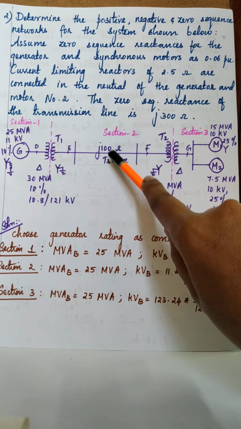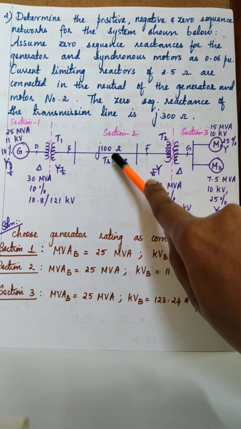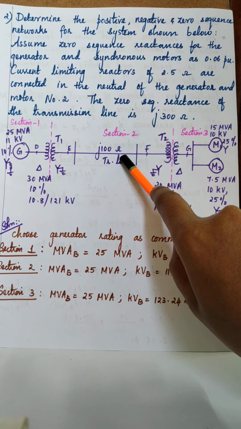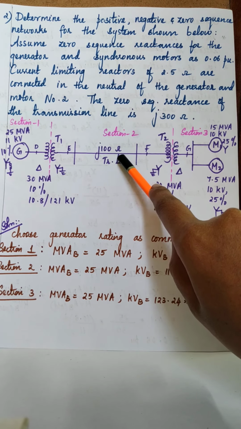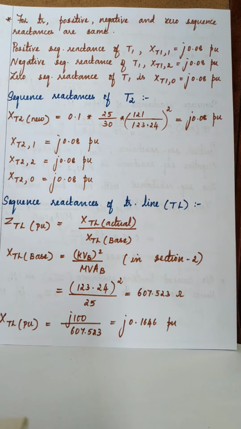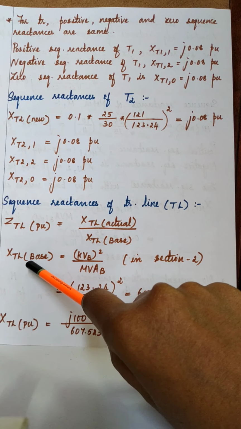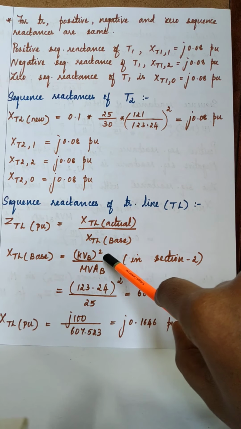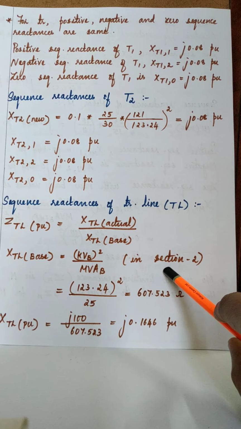So for converting that into per unit, what you have to calculate? You have to calculate the base value of section 2. So using the formula kVb squared by MVAb of section 2, let's calculate that. Base value of the transmission line reactance is equal to kVb squared by MVAb in section 2.